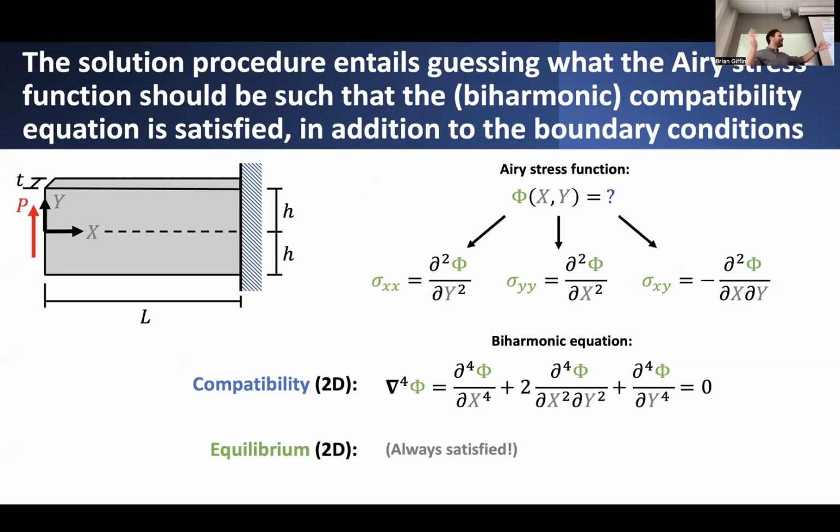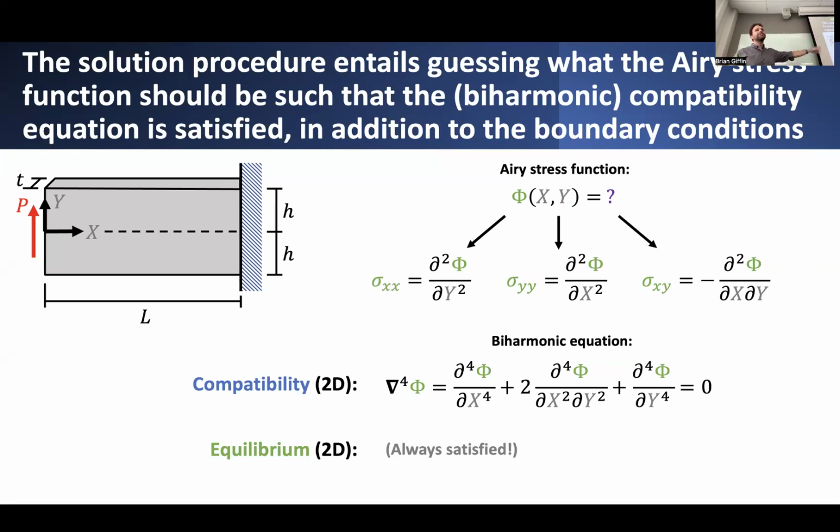And who's to say where this idea came from? We just suppose that we have a function that gives us these stress components in this particular way. And really the magic of the Airy stress function is that if you choose to represent your stress field in this way, then you automatically satisfy the equilibrium equations.